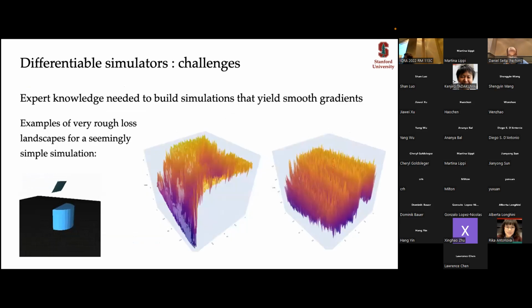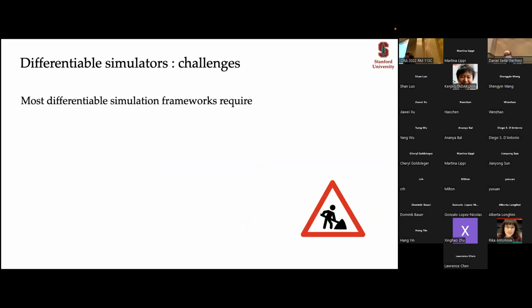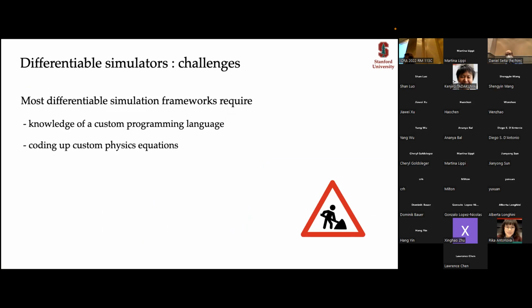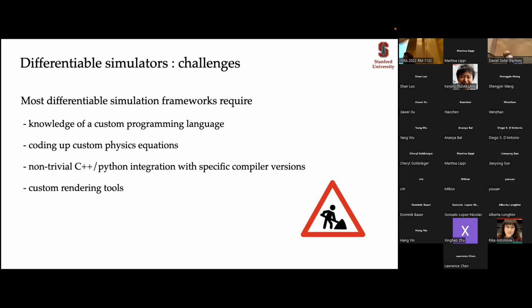So for example, these are some of the differentiable simulation landscapes that you can get if you naively code up a simple task here. So you need expert knowledge in order to create differentiable simulators that actually have nice smooth gradients and landscapes. And so these differentiable simulation frameworks require knowledge of frequently a custom programming language or framework, coding up custom physics equations, some non-trivial C++ Python integration and compiling, and also custom rendering tools.